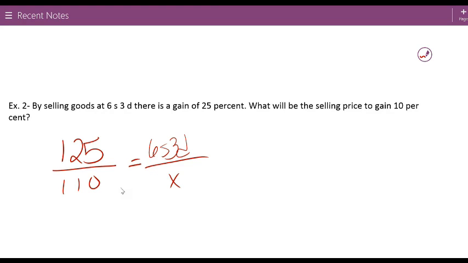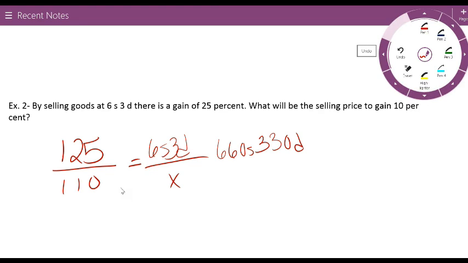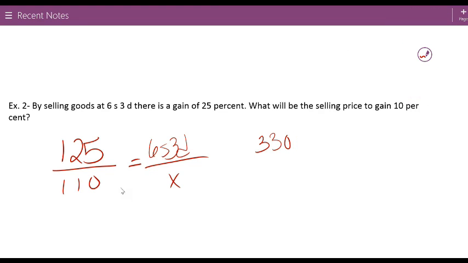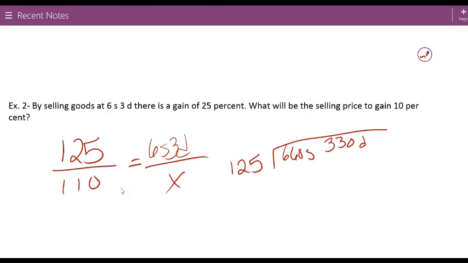So 110 times 3 is going to be 330 pence. 110 times 6 is going to be 660 shillings. Okay, so 330 pence, 660 shillings, and now we're dividing by 125.